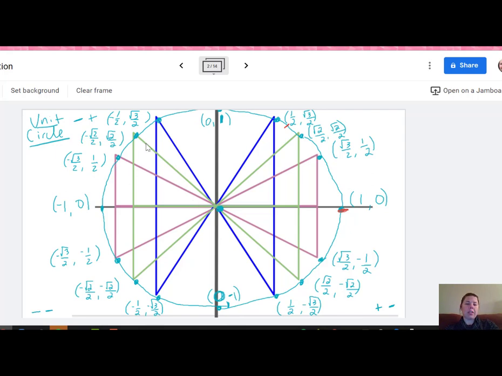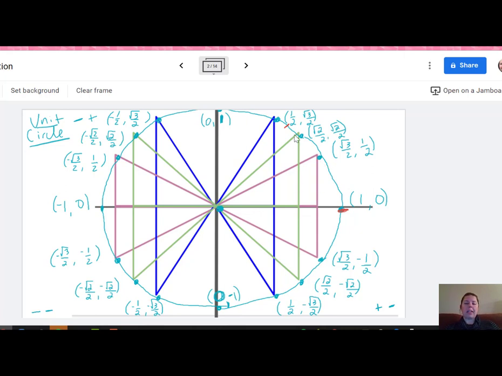And if those hypotenuse lengths are the same, it's really my radius length. And so here, the blue and the pink triangles are the same, but the x's and y's have switched. So this ended up being 1/2, and then up square root 3 over 2. On the pink one, it's square root 3 over 2, up 1/2.